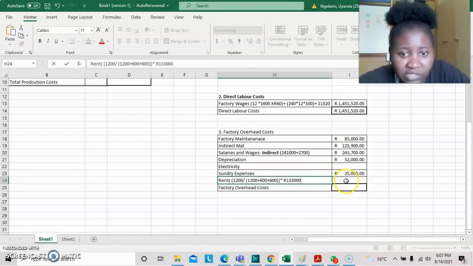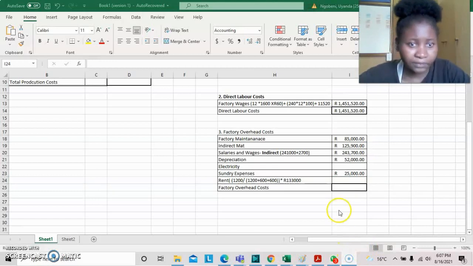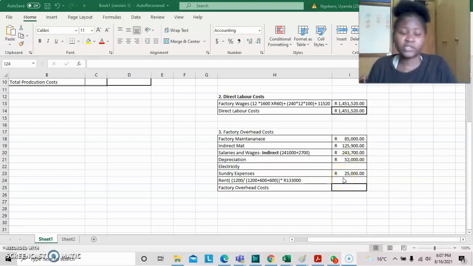This is the amount that you should be able to get, and that's the amount for this side.